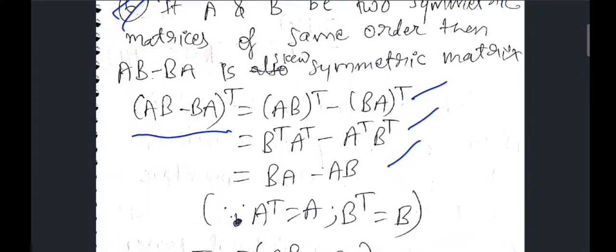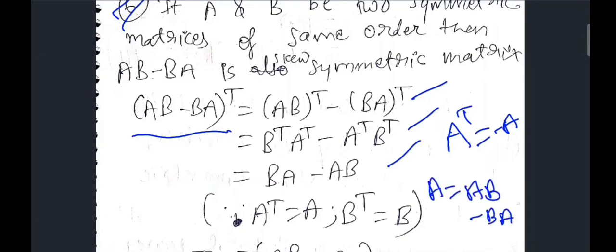Take the transpose of AB minus BA. If it comes out to be equal to minus of AB minus BA, then it is skew symmetric, as I told you, A transpose equal to minus A is the condition for skew symmetry. Now in place of A, just put AB minus BA everywhere. So over here AB minus BA will come, and here minus of AB minus BA will come.